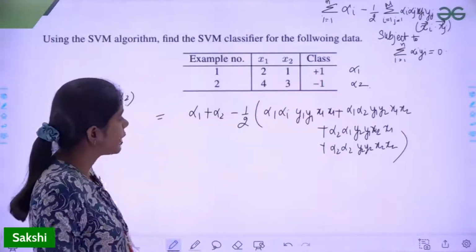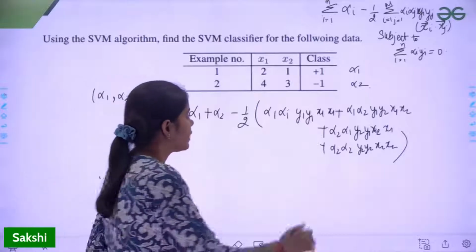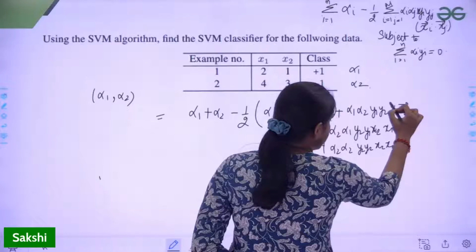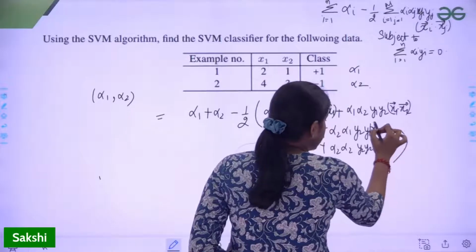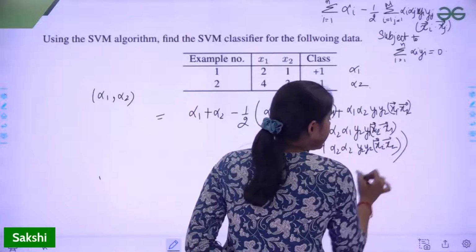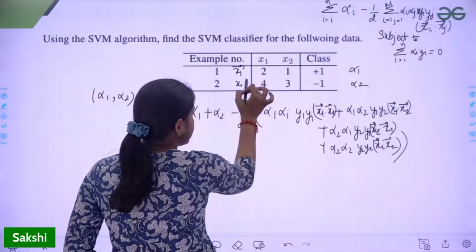So let's find out x1 dot x1. So these are the vectors, x1 dot x1 and x1 dot x2 and x2 dot x1 and x2 dot x2. I know that it's very complicated. So let's take this as x1 vector and let's take this as x2 vector.